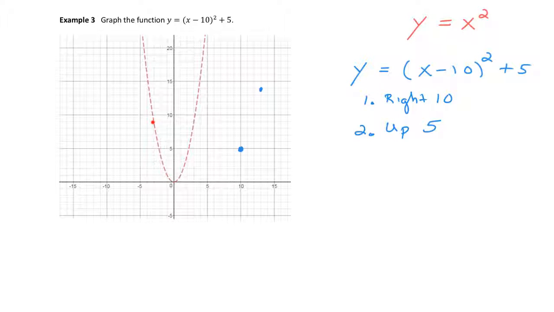If I add 10, that's going to go to positive 7, 9. Going up 5 would take me to (7, 14). And the graph is the equation that goes through these points. So I know it has the same shape as the graph that I started with, and it looks like this. This is a rough sketch, but for all these examples, what you should do is verify this work with either Desmos or your graphing calculator so you can try those out.